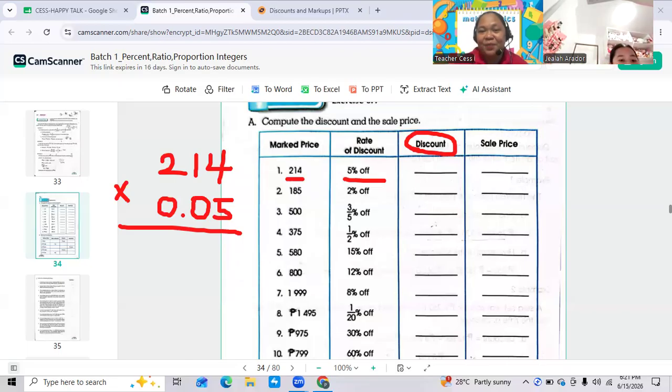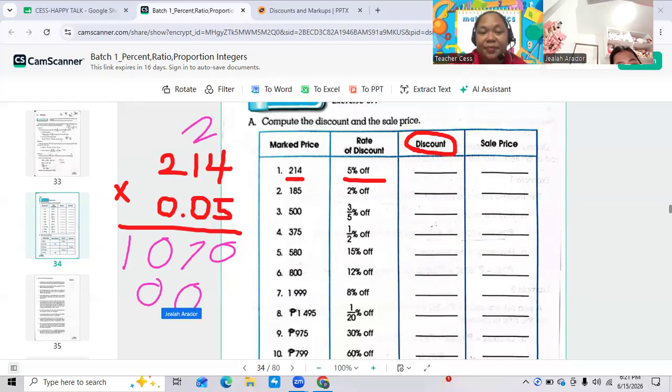Sige po, continue. You can write your solution na po directly to the screen so that I can see your answer. All right. Very good. And just add.